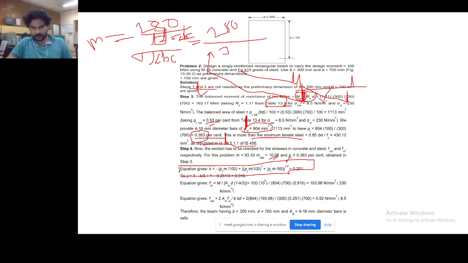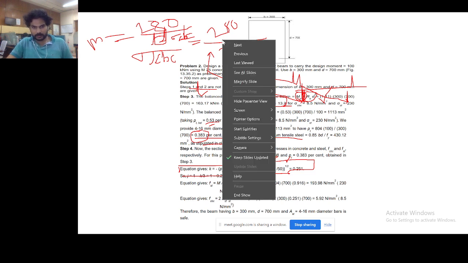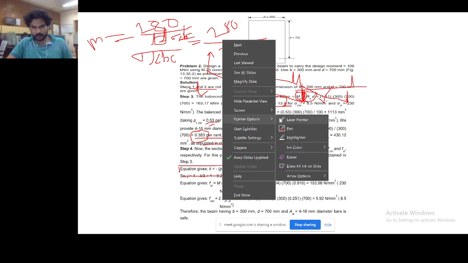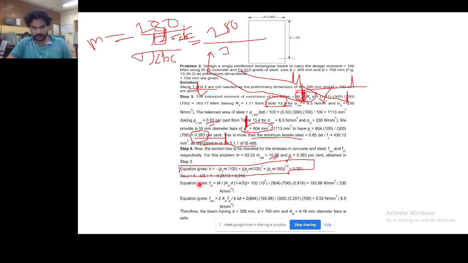After that, we'll calculate the FST, which is M divided by AST D into 1 minus K by 3, because we know K now. AST we know from here.